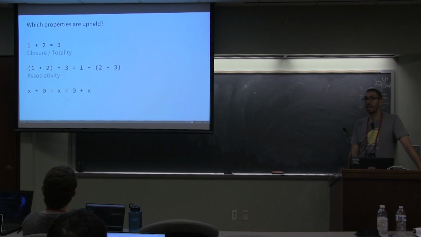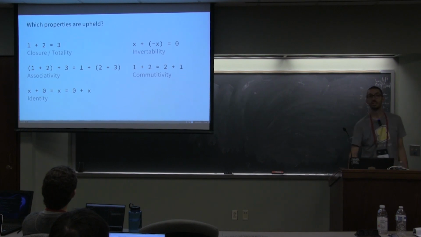We also have this concept of an identity. So we can add 0 to anything and we get whatever that thing is. And then we have this cool thing. So if we add a negative x to any x, we get back the identity, which is invertibility. And then actually, as it turns out, numbers over addition are commutative. So we can actually switch the order.